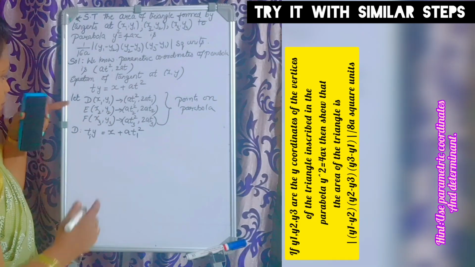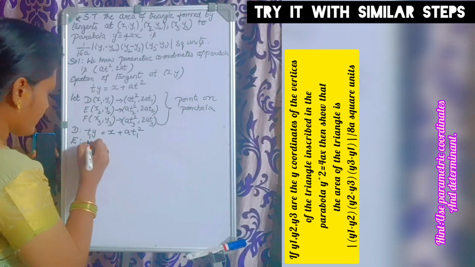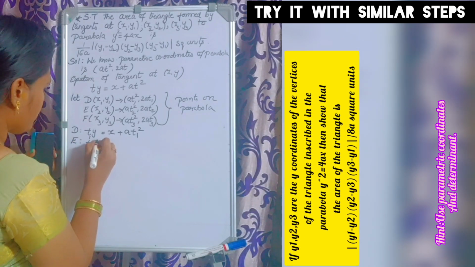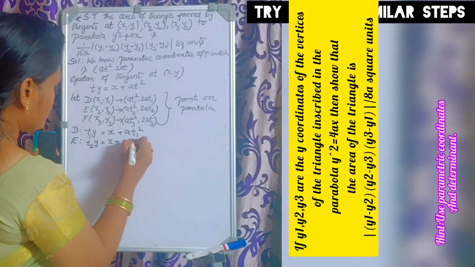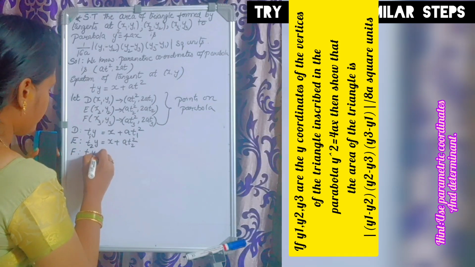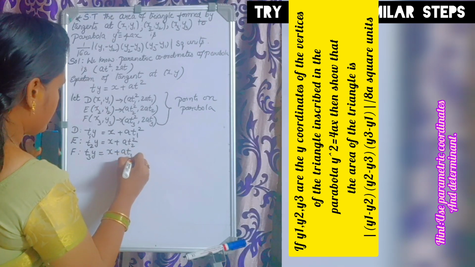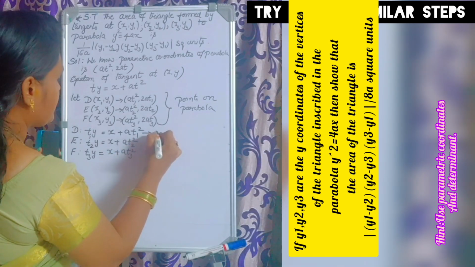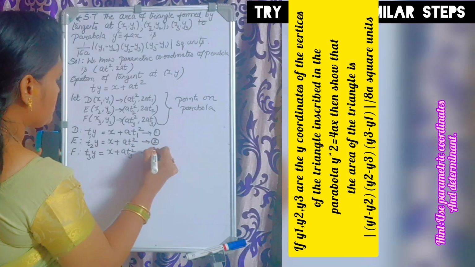so similarly for point E, the equation of tangent is t2 y is equal to x plus a t2 square, and for F it is t3 y is equal to x plus a t3 square. I call these equation 1, equation 2 and equation 3.